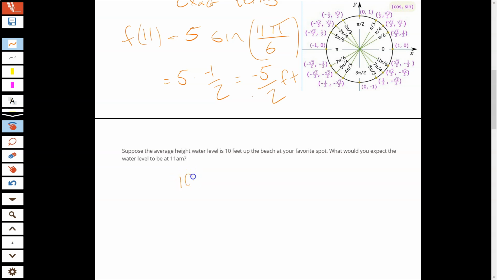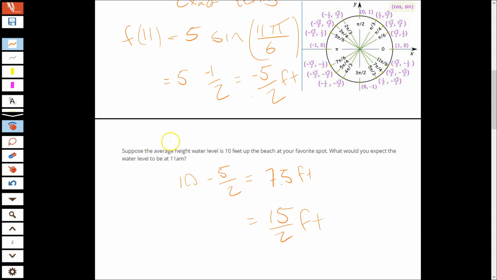So if it's 10 feet normally, and we know it's 5 over 2 feet lower, let me just do this. 10 minus 5 over 2. And then 5 over 2 is 2.5, so you could say 7.5 feet here. Or you could say, what does that get you? 15 over 2 if you use fractions. Either is fine.